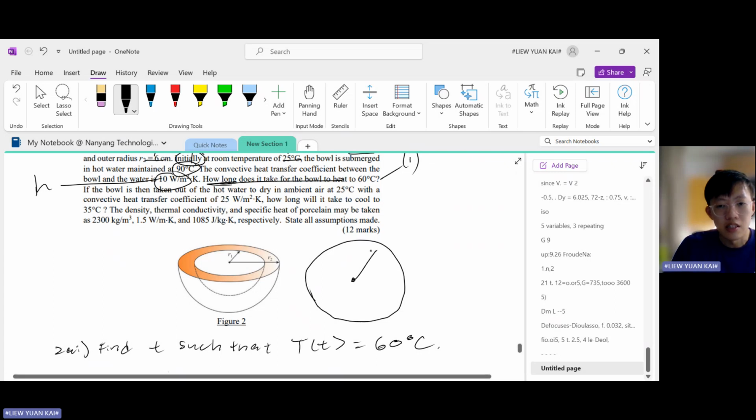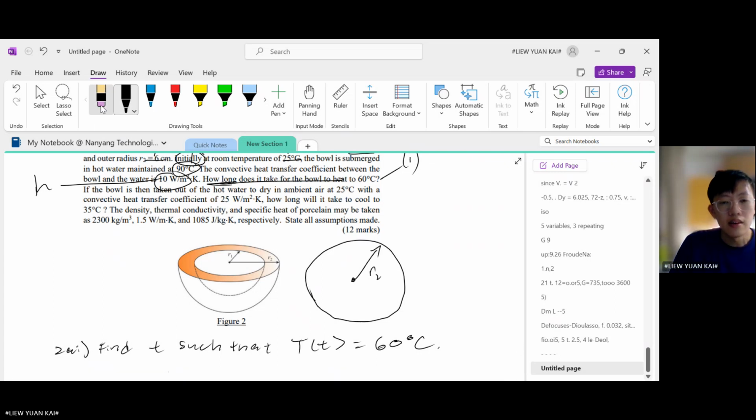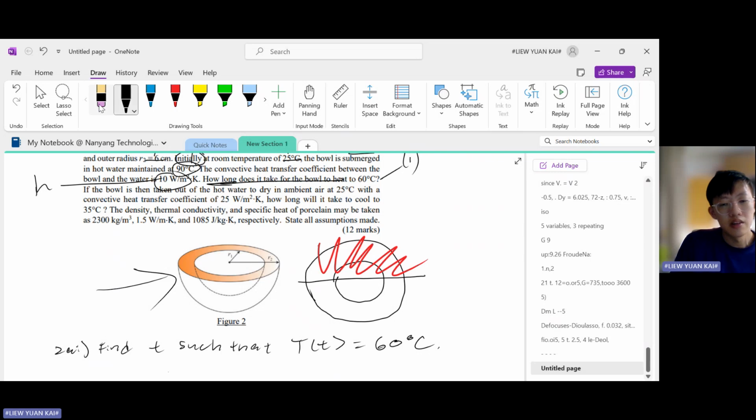Then you cut out a spherical hole inside, with radius R1, the inner radius. Because it is hemispherical, meaning half a sphere, you cut it in half and throw this away, and what you're left with is this shape here.